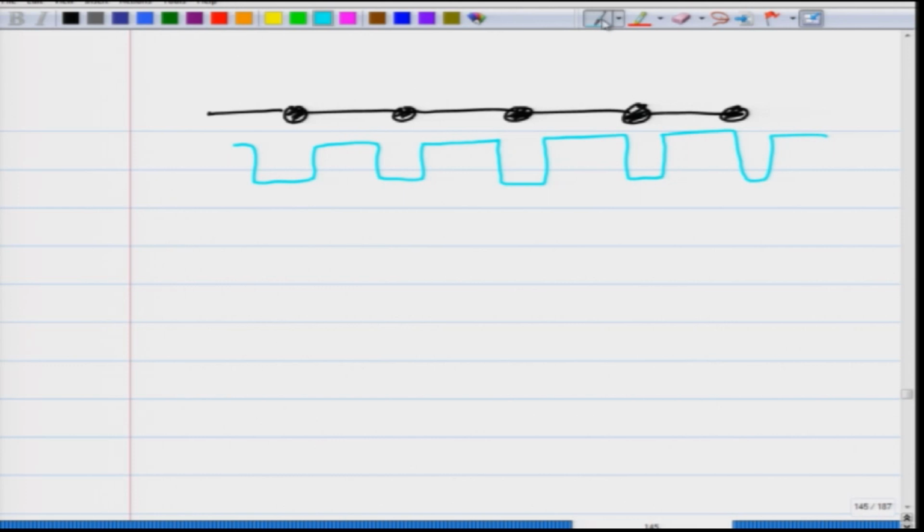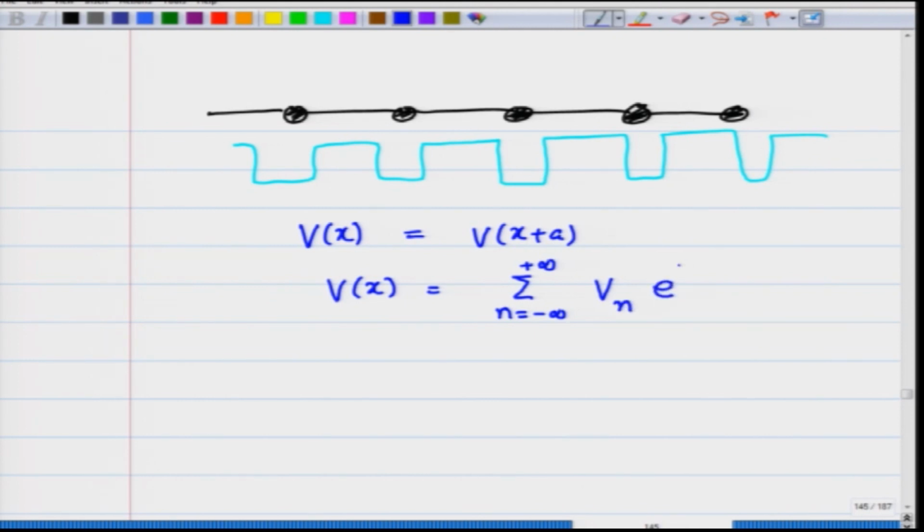So, V x, since it is periodic with period a, can be written as V x equals summation n equals minus infinity to plus infinity V n e raised to i n 2 pi by a x.